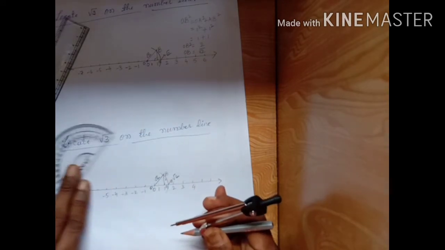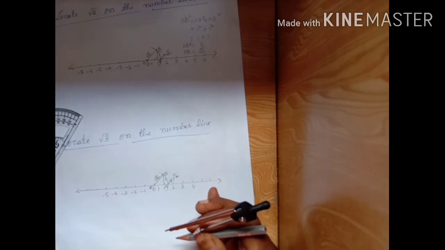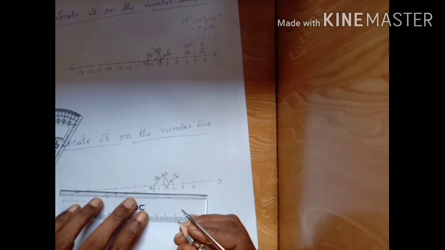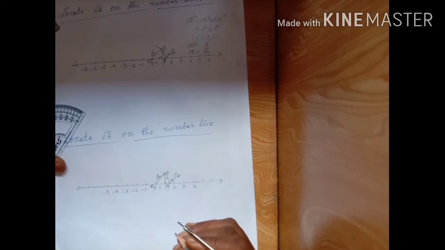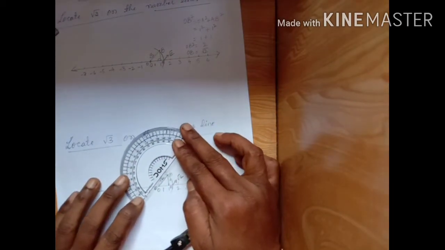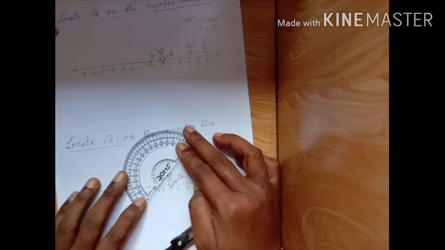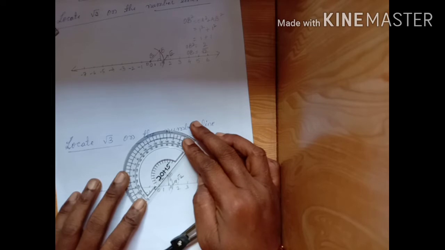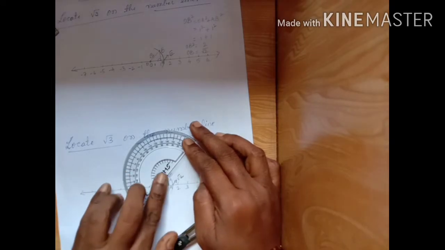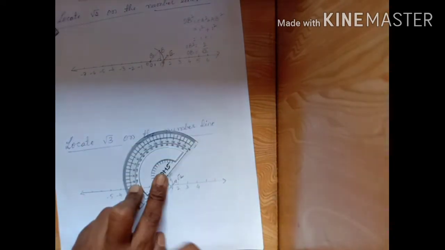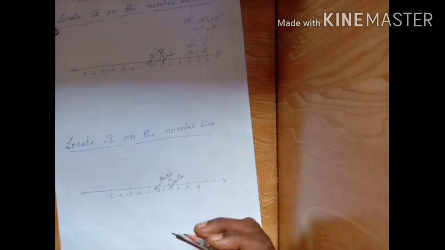Now after marking 90 degree, from B, O as center I said, no? Actually, B as center. You have to take B as center and OB as radius. You have to mark 90 degree. B as center, OB as radius, we have to mark 90 degree.